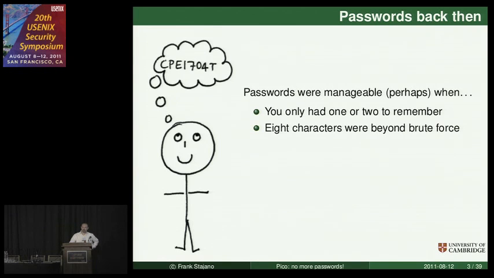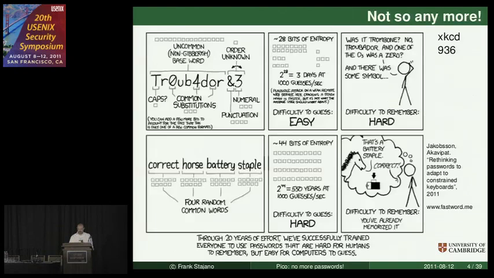Nowadays, things are not quite like that anymore, and even very topically, the wonderful XKCD has come up with this comic just this Wednesday, so 2 days ago. This is XKCD 936, if you want to see it on your own computer later.